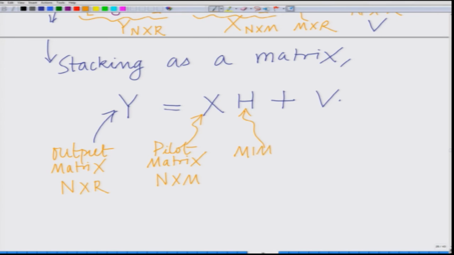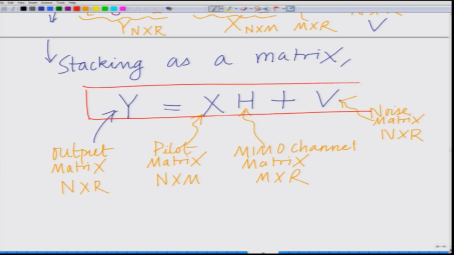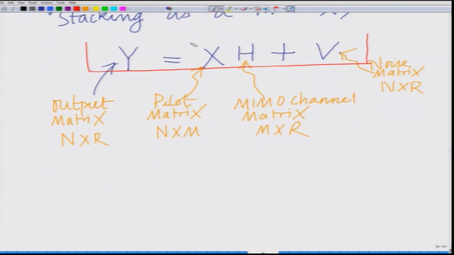This is now a MIMO channel matrix H, which is m cross r, where r is the number of receive antennas, and this is the n cross r noise matrix V. Therefore, this is your final input output system model for the MIMO channel, that is the multiple input multiple output wireless channel.